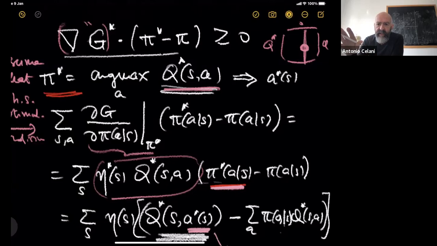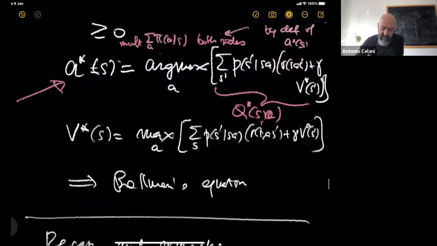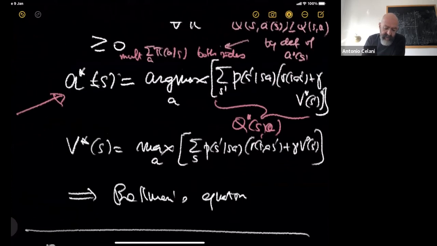but the bottom line of this, if you just trust me for a second, is that you will be able by yourself to realize what this all means. The bottom line of this reasoning is that this is your optimal action. But this thing is absolutely equivalent to the Bellman's equation.